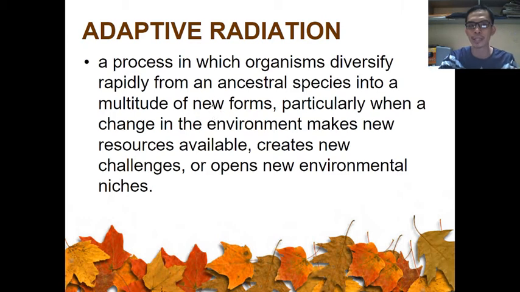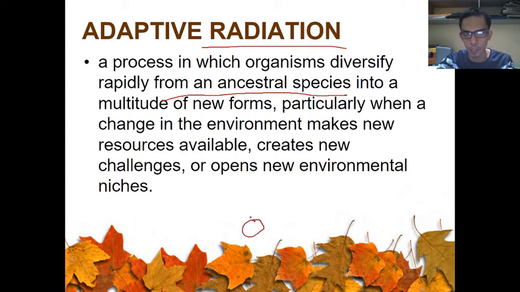That process is what they call adaptive radiation, from the word itself, radiation. So meaning to say, this organism is affected by the change in the environment, and therefore they will create new organisms out of that change in their environment.